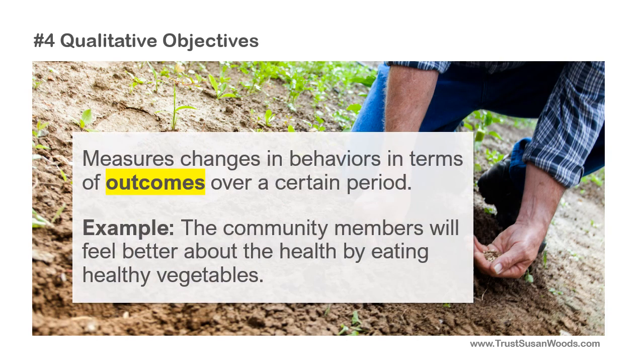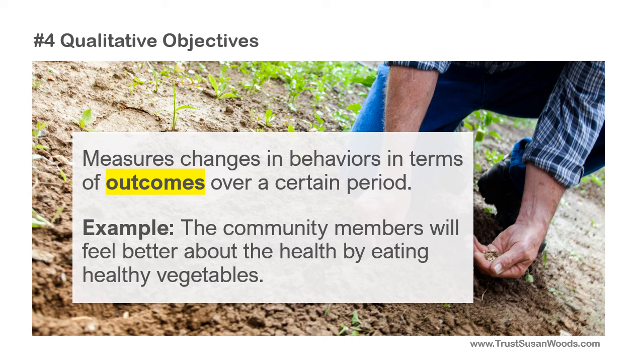Number 4 of 10, qualitative objectives. Qualitative objectives measure changes in behaviors in terms of outcomes over a certain period of time. Now, in order to measure changes in behaviors, you have to first notice the behavior of the people who are going to receive your services.